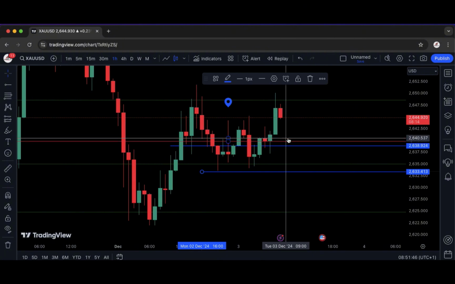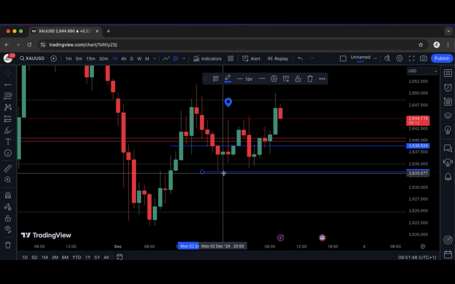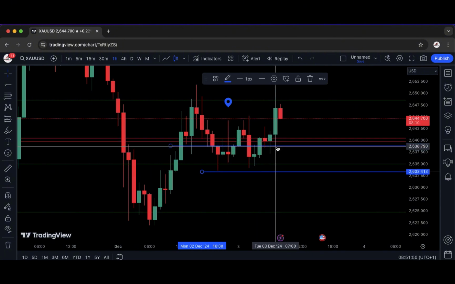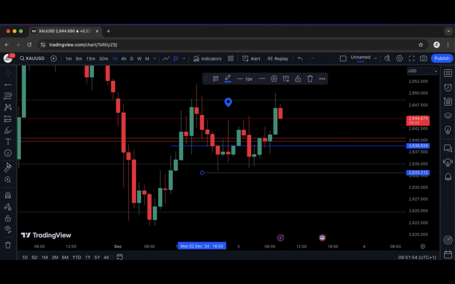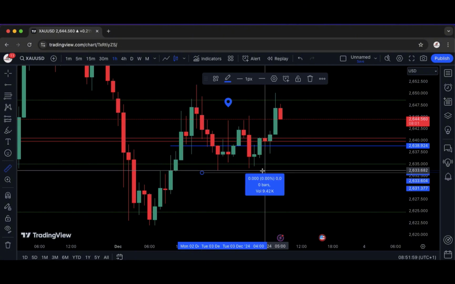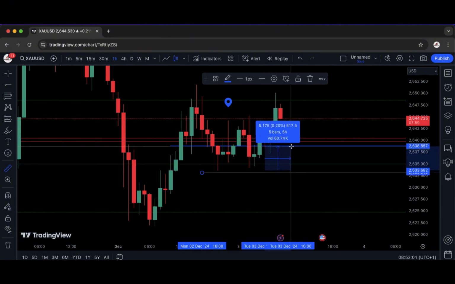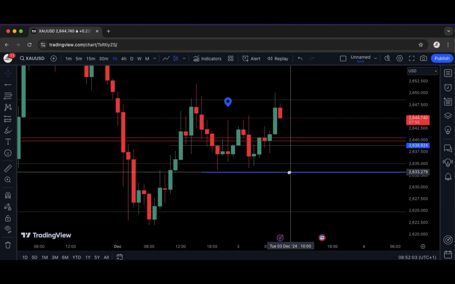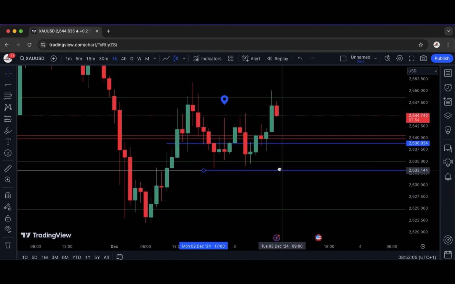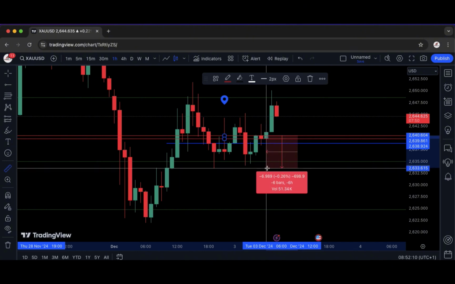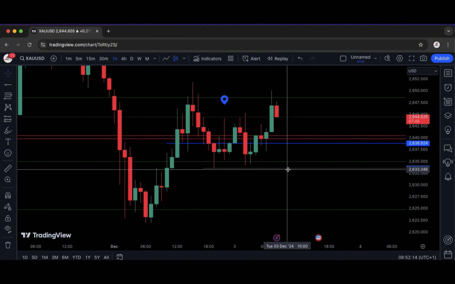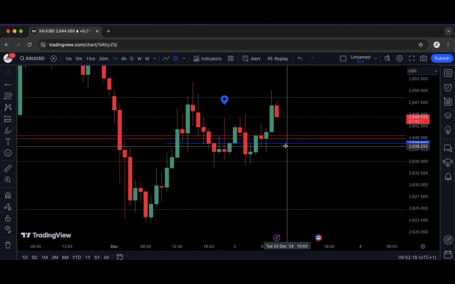If you are taking your first entry here, your stop should be here, and if you are taking your second entry here, your stop loss should be here as well. So for this second entry, your stop loss will be like 50 or 51 pips. And if you are taking from here, your stop loss will be like 69 pips, or let's call it 70 pips. So that's the two entries here.